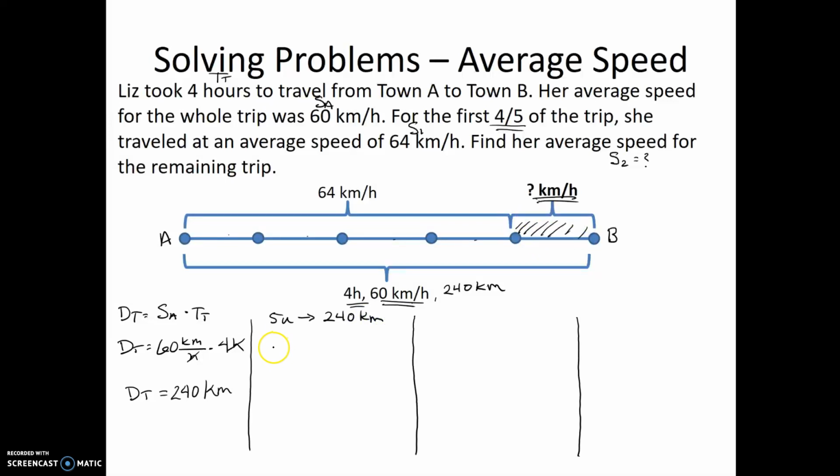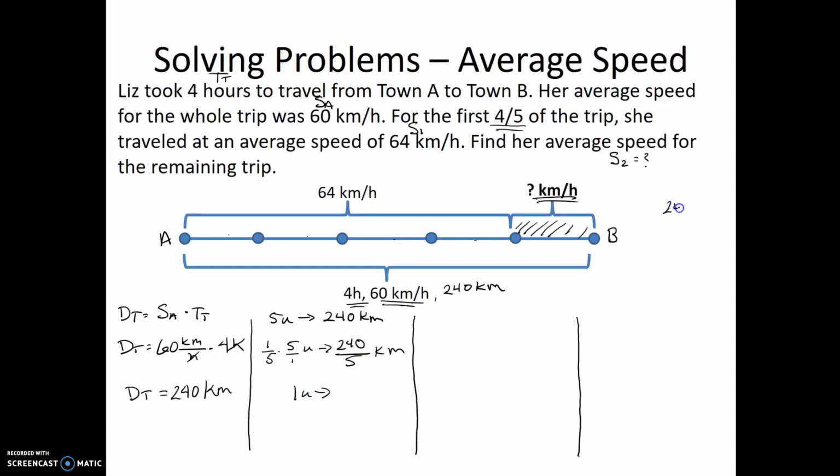Okay, so 5 units is going to equal 240 kilometers, and let's divide both sides by 5, or over here you can see that I've multiplied it by 1/5, but that's the same thing. So we've got 1 unit as 240 divided by 5.